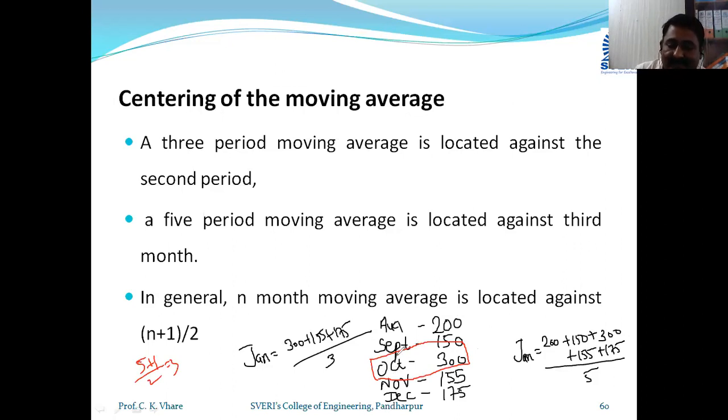If I take one more simple case, January, February, and March, these are the three. N is 3, 3 plus 1, 4 divided by 2. You will get the answer as 2, and the center is located at the middle one, February.